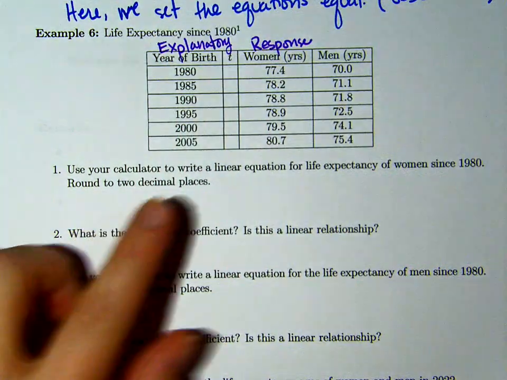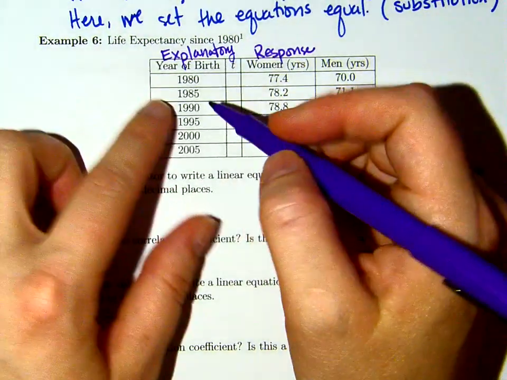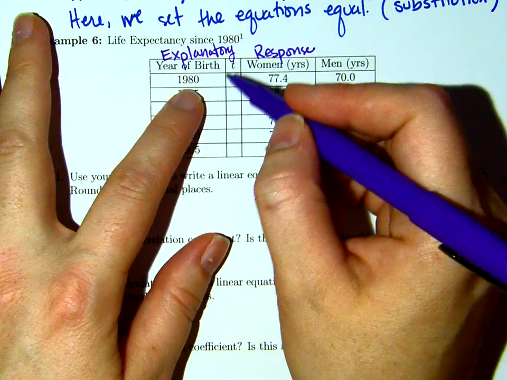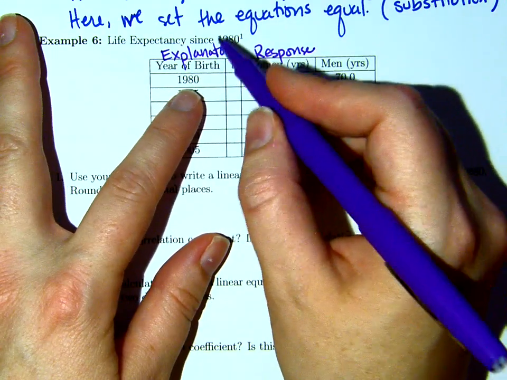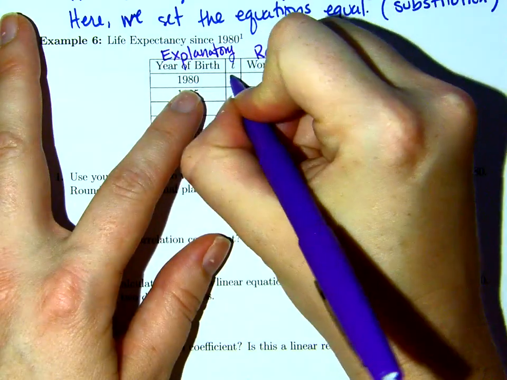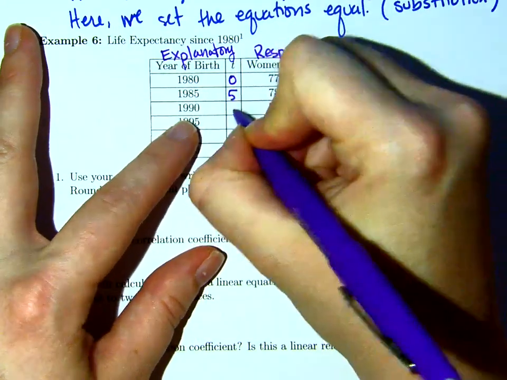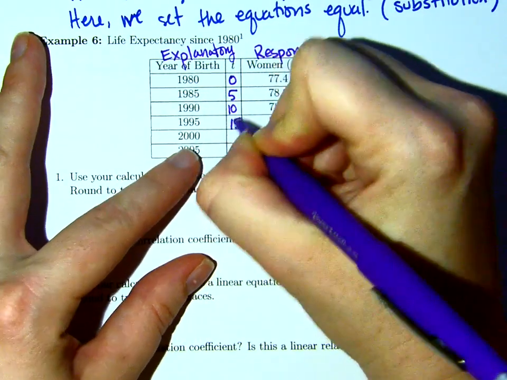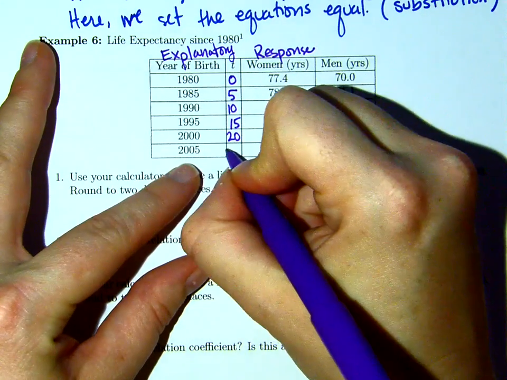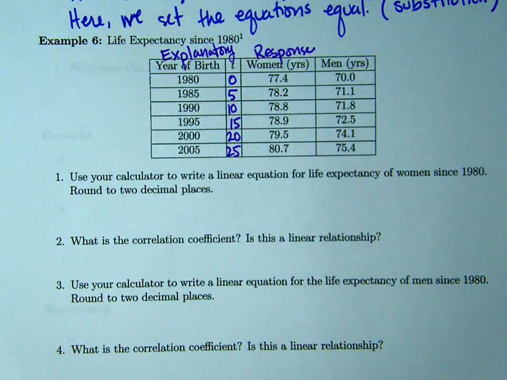So I have gone ahead and put in this data, except we better put this as years since 1980. That is 0 years, 5 years, 10, 15, 20 years, and 25 years after 1980. Okay, let's do it. So turn this on.